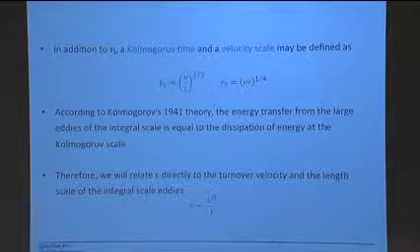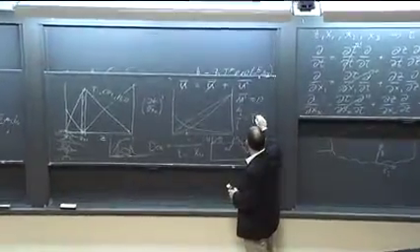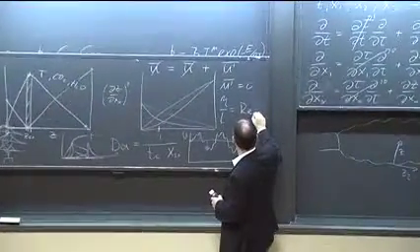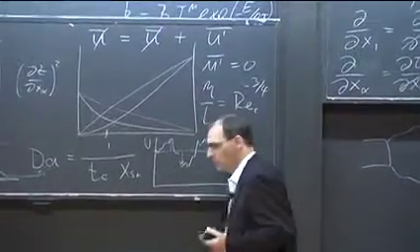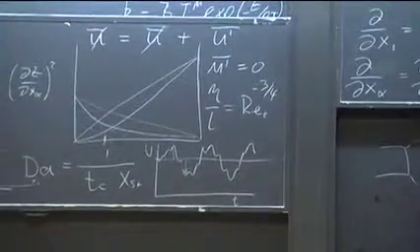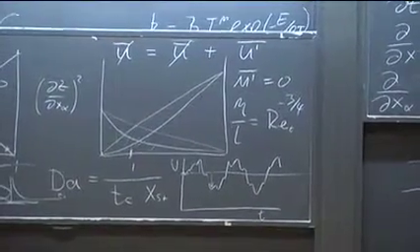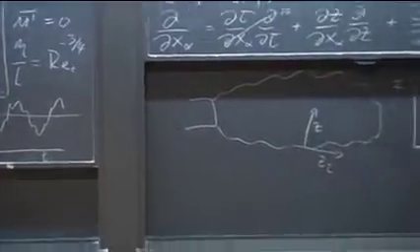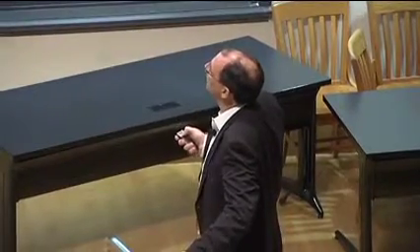And that gives you the relation eta over L is equal to the turbulent Reynolds number to the minus 3/4. Some of you might have heard this or might have seen this. But that just follows from what I just said. Okay? Equating this with this. But it also is true for all other scales, not just for the smallest and the largest. It's true for all scales. So that's what we call the Kolmogorov scaling.